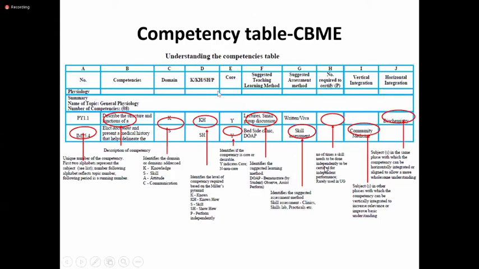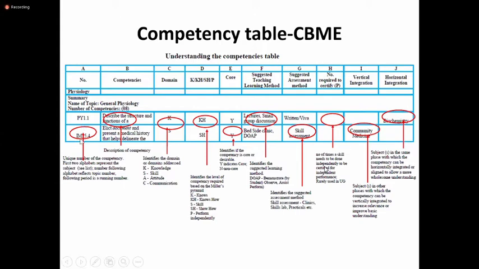To understand this competency table, the first column is the competency number. You can see here PY 1.1. PY is the short form of the subject physiology.